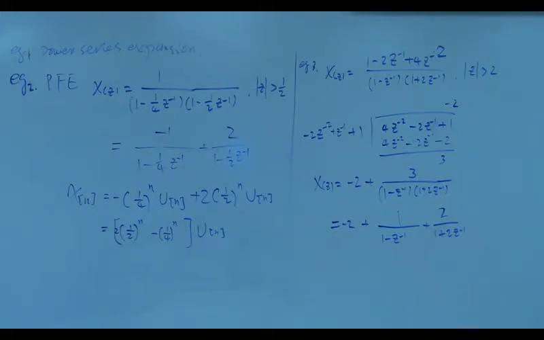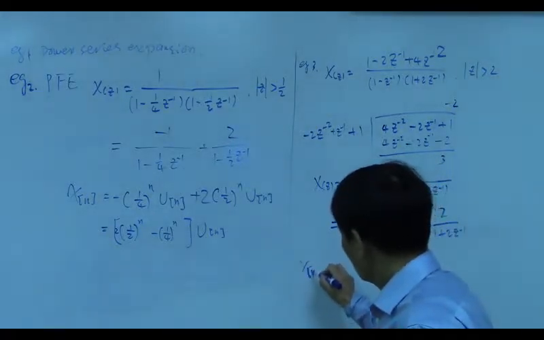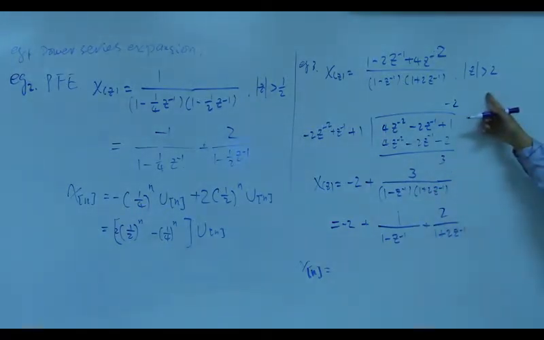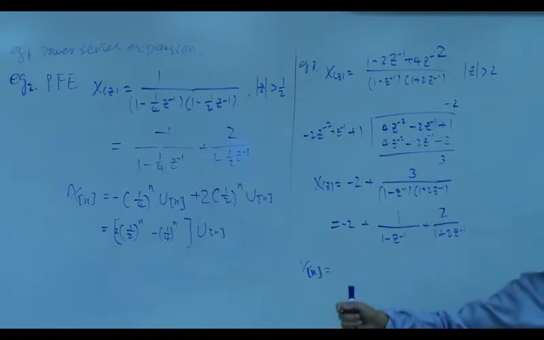This is good? Alright, now what is the inverse Z transform? The region of convergence is outside the circle, so it is the right-sided signal. Alright, let's do this. What's the first term? Now we can consider the table. What is the negative 2?